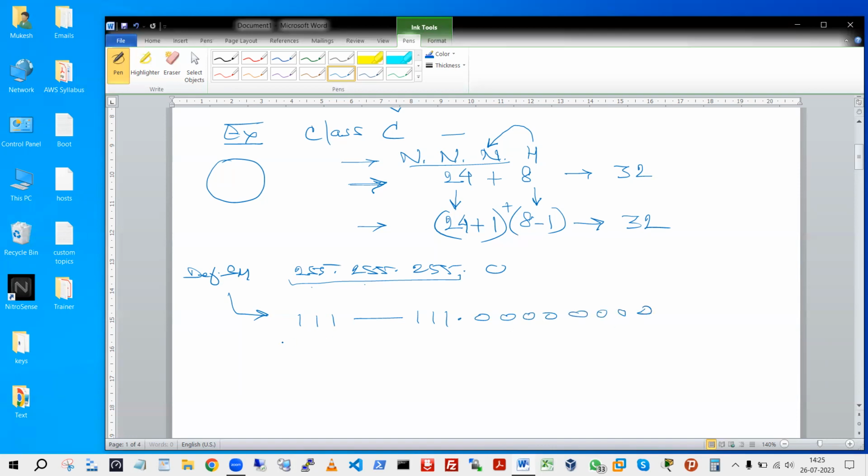So these 24 ones in the mask tell to the system that in the address we have got 24 network bits. And these 8 zeros in the mask tells to the system that there are 8 host bits in the given address. यहाँ से पता चलता है, right? लेकिन अब हमें सिस्टम को बताना है कि बिट्स आर नॉट 24.